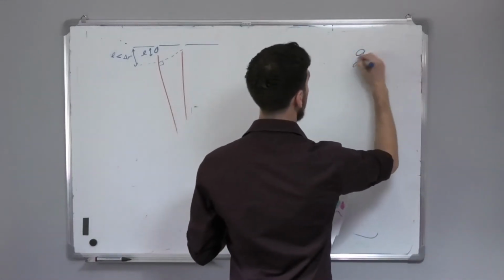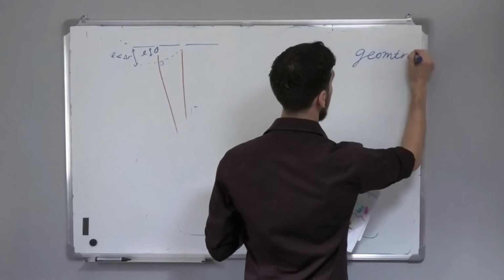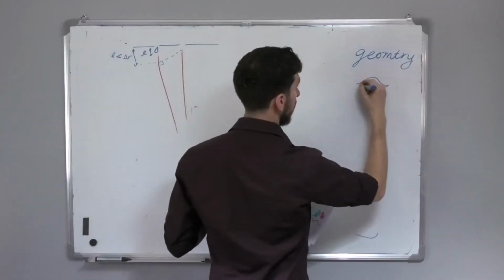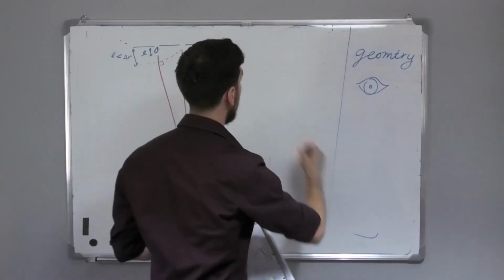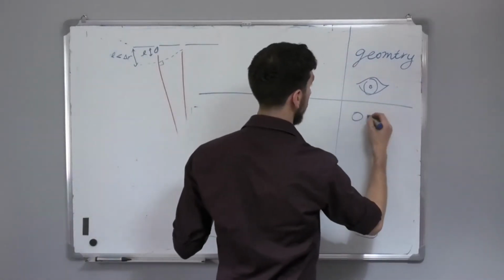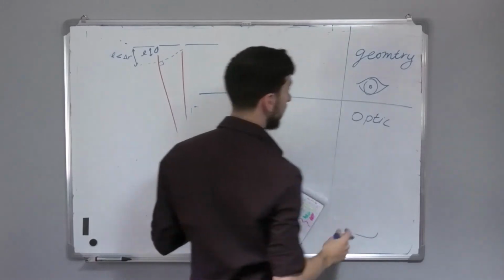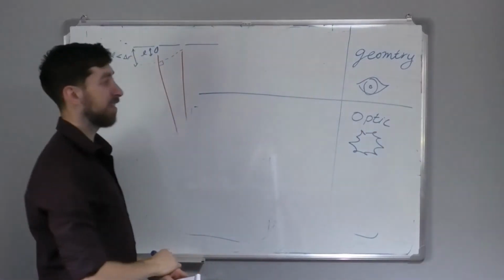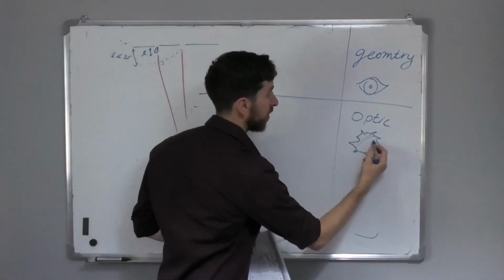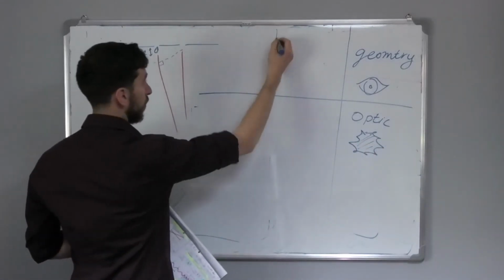Geometry is what I see, that's what's happening. And optic is how the light sees it. That's how I think about it.